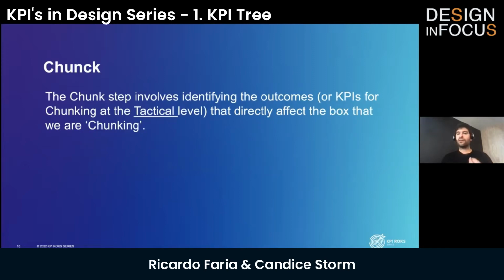Chunking at a tactical level, as we call it, that directly affects the box that we are chunking. So what you do in the second level needs to be connected with the first level. You need to understand the relationship between both, so you can spread out that top objective into, let's say, 5 sub objectives in the beginning.